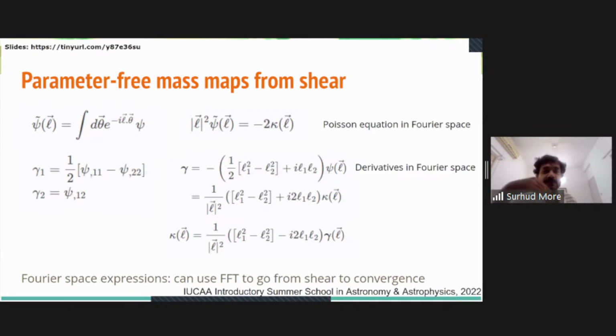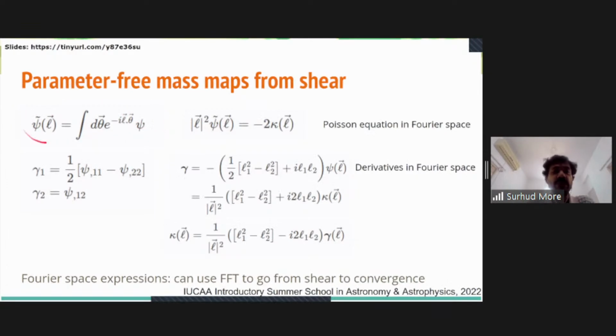In order to do that, we have to start from the equations that we actually learned in the first lecture, right? So one of the things was there is a relation between the lensing potential psi and the kappa value, which is the Poisson equation, right? So you had Laplacian of psi is equal to 2 times kappa. Now you can take psi, which is this lensing potential, and you can decompose it in Fourier space, right?